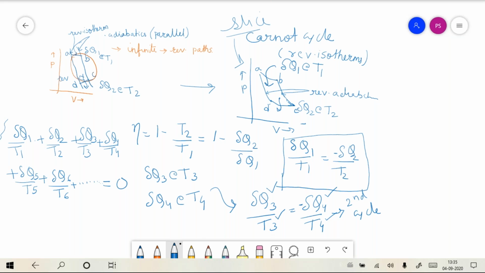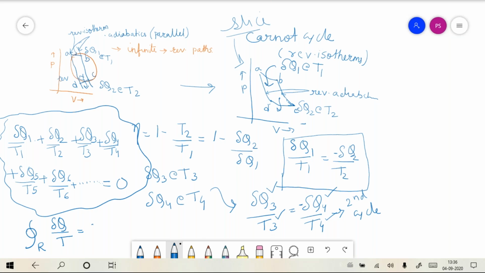So what you get is an interesting expression: the integral over a thermodynamic reversible cycle of del Q upon T, which is equal to 0.